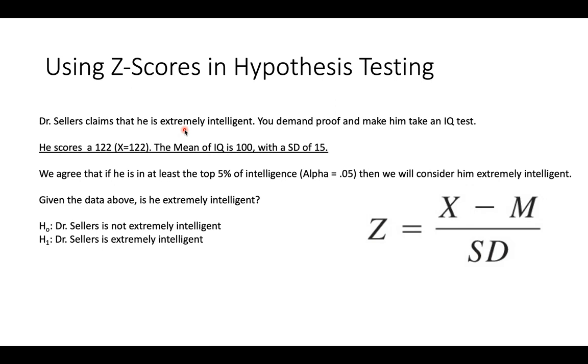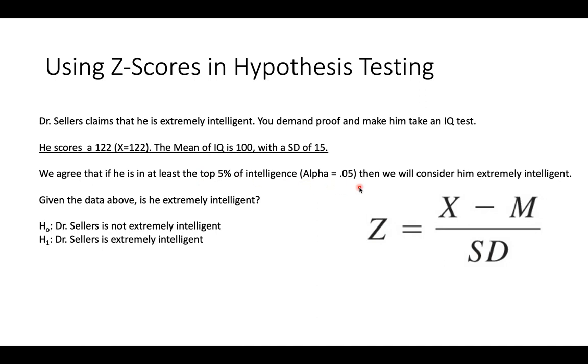So in hypothesis testing, we need a standard. We need like a hurdle. We need a line in the sand that, if we cross over that line, is going to tell us whether the data support our claim or hypothesis. And so we come to a mutual agreement that in order to be extremely intelligent, I must be in the top 5% of intelligence.